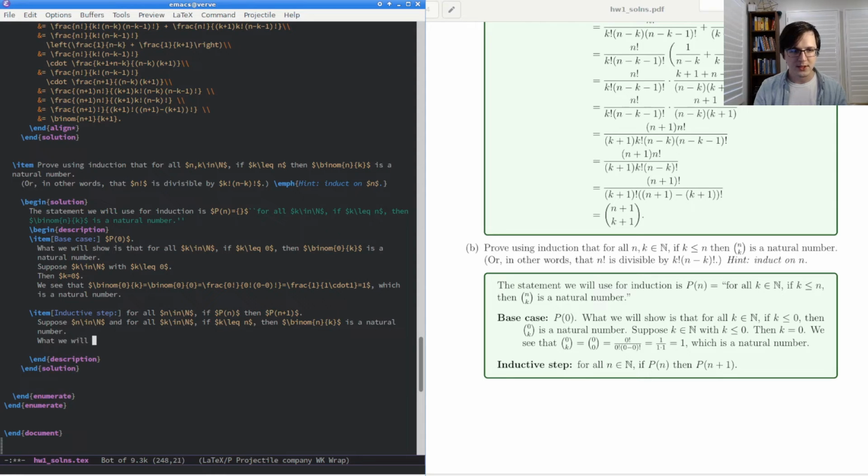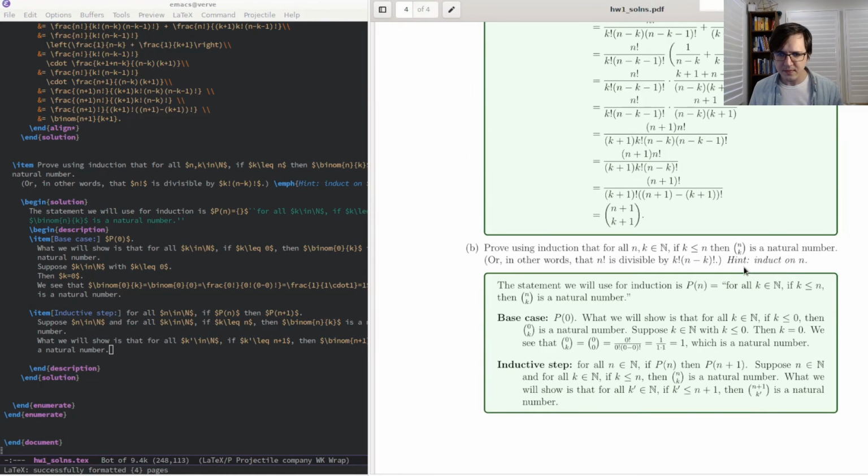It's not clear k is a natural number if you just write k less than or equal to n. What we will show is that for all k' in N, so it's clear these are different for-all statements, if k' is less than or equal to n plus 1, then the binomial coefficient n plus 1 choose k' is a natural number.